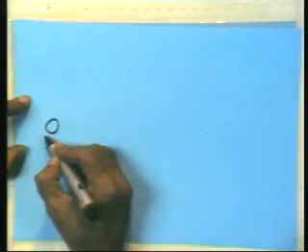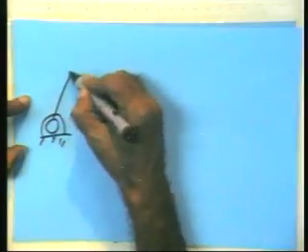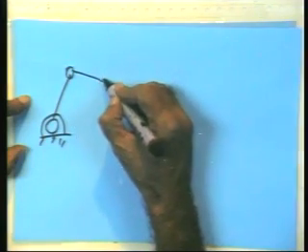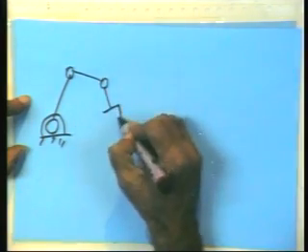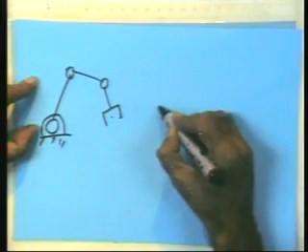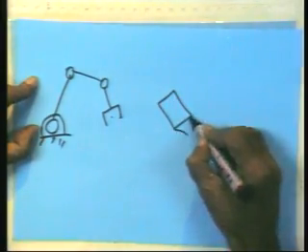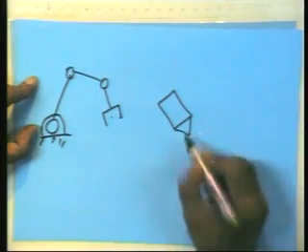A robot is sitting here on the table. It's a planar robot. This is the one you have. There is an end effector, and somewhere here there is an object sitting like this.